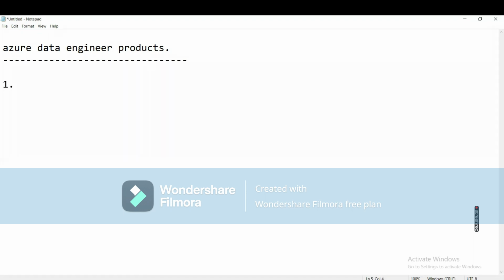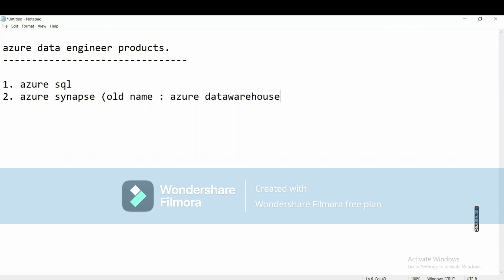So what is an OLTP database? Azure SQL. And we have a data warehouse environment, that is Azure Synapse. The old name for this one is Azure Data Warehouse. The latest name is Azure Synapse.